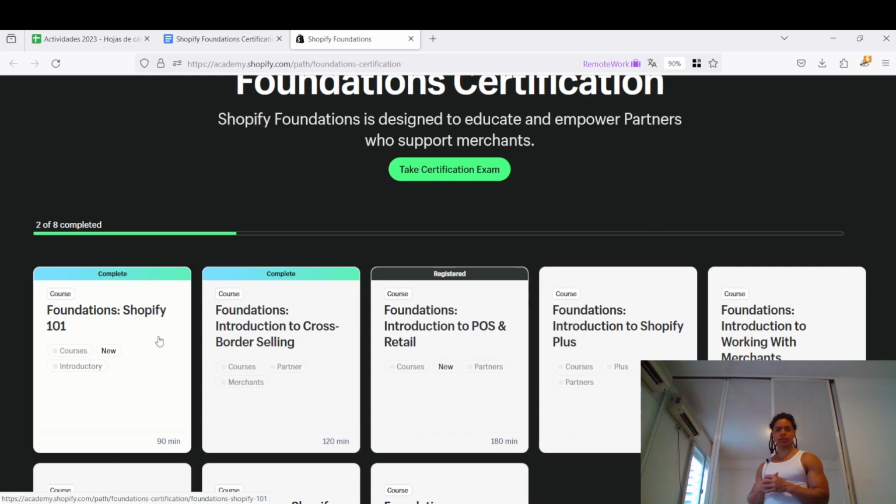Broadly speaking, Shopify money, so for example, Shop Pay, Shopify apps. Shopify money, payment methods accepted in Shopify, as well as Shopify Capital.